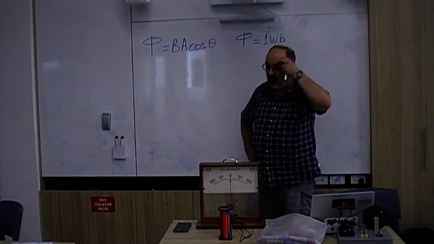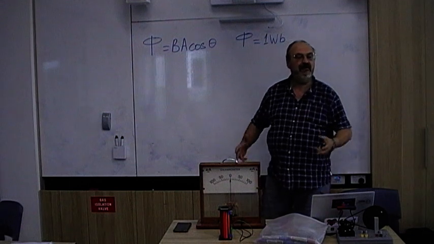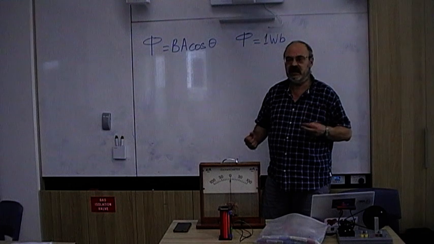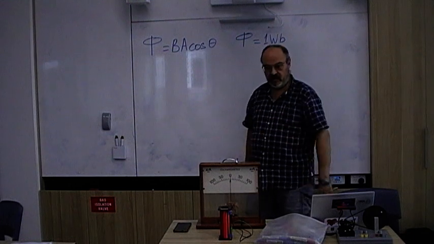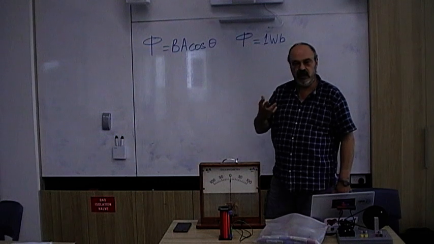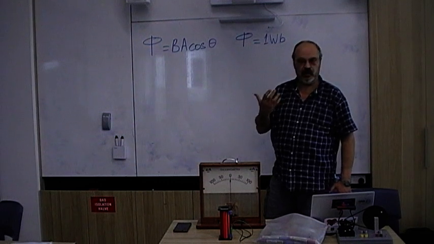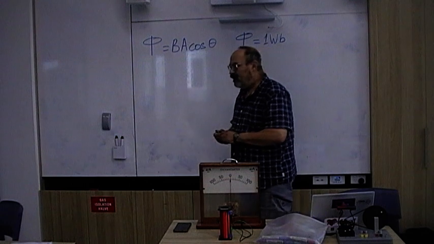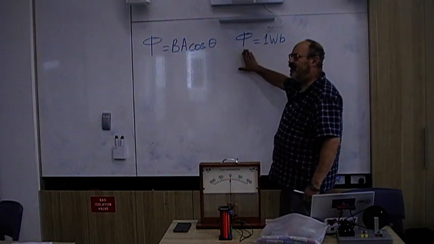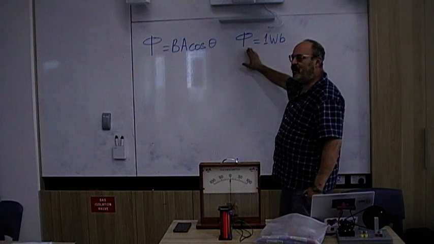You cannot say EMF across the resistor; it would be wrong, but you can say EMF of the battery, for example. So when we say EMF, we mean the voltage of the power source. WB is the unit of magnetic flux, the Weber.